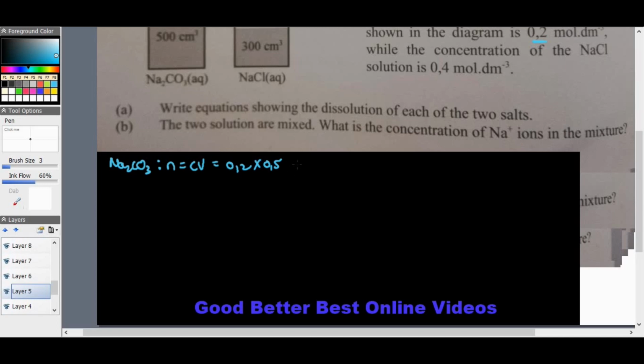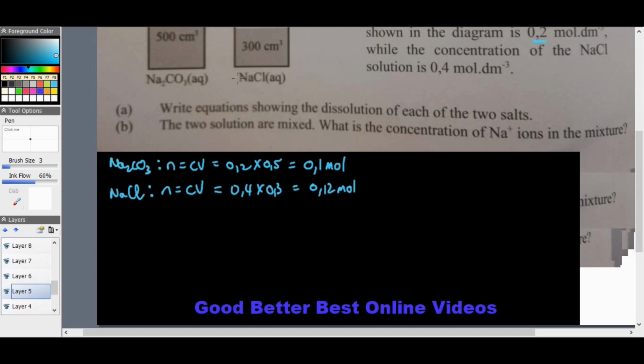That gives us an answer of 0.1 mole. Now we do the same for NaCl: n is equal to C times V, which is 0.4 multiplied by 0.3, and that gives us 0.12 mole. So we've got the amount of moles of each substance.